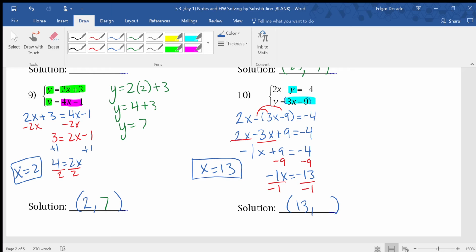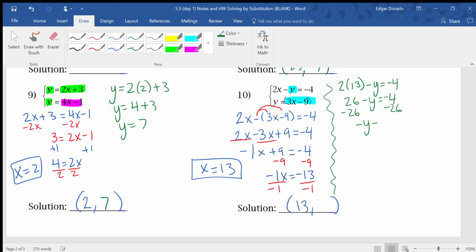But now I have to substitute that back into our equations and verify if those are correct. So let me make some room here. Make sure this worked. So 2 times 13 minus y equals negative 4. That is a 26 minus y equals negative 4. Subtract the 26.